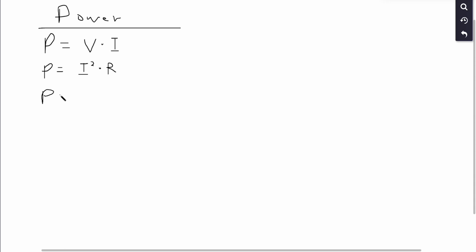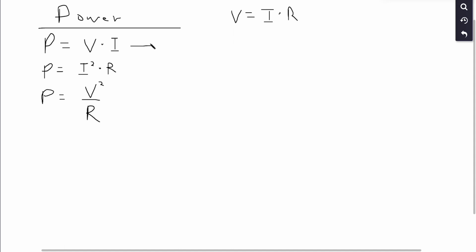And then the last one that I can think of off the top of my head would be V squared divided by R. Now, let's recall Ohm's law, right? The equation we wrote for Ohm's law was that V was equal to I, or current, times resistance. So let's keep that equation in mind.